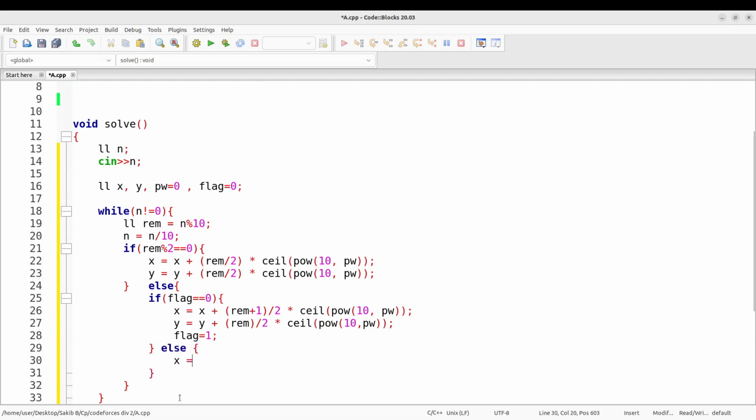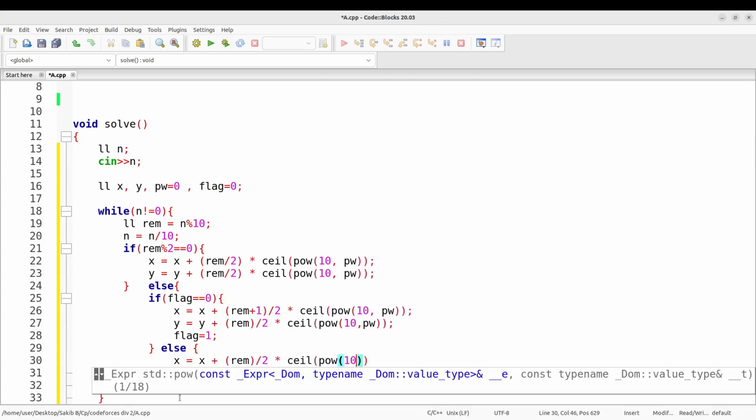and else we use, for x, digit by 2, that means rem by 2 into pow 10.